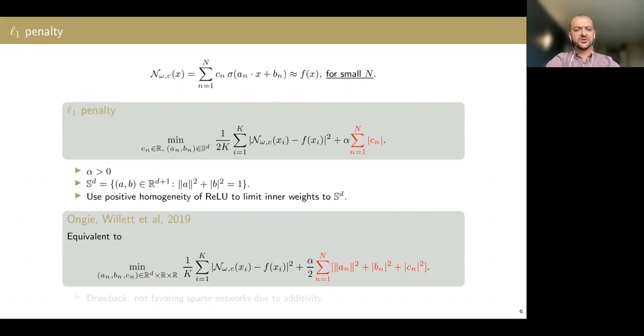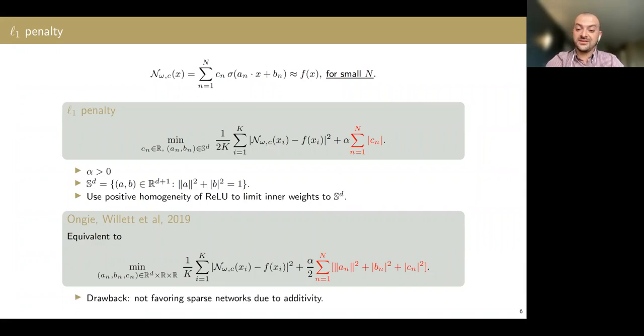So very interesting. It seems like you're penalizing only the outer weights, but it turns out that you're penalizing all the weights just by imposing this condition. So really, this is the first sign that the L1 penalization is not really going to work, because under the hood, it's really just penalization of the L2 norm of all the weights, okay?